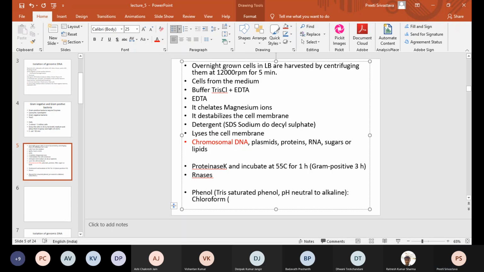The chloroform is used with isoamyl alcohol in the ratio of 24:1.